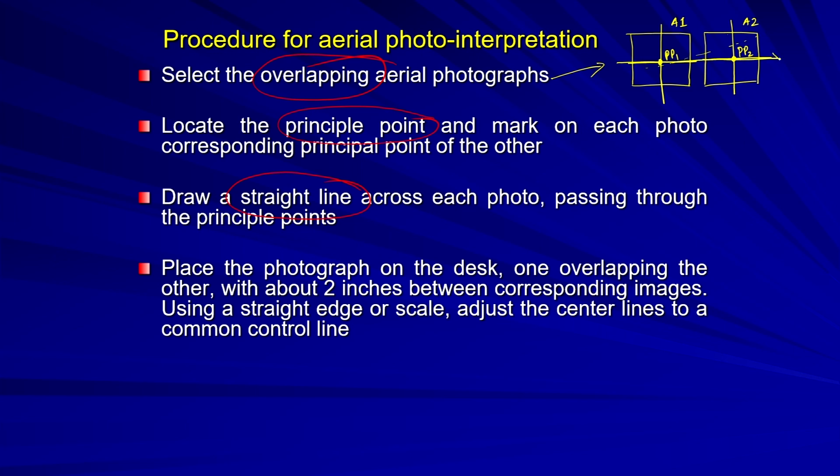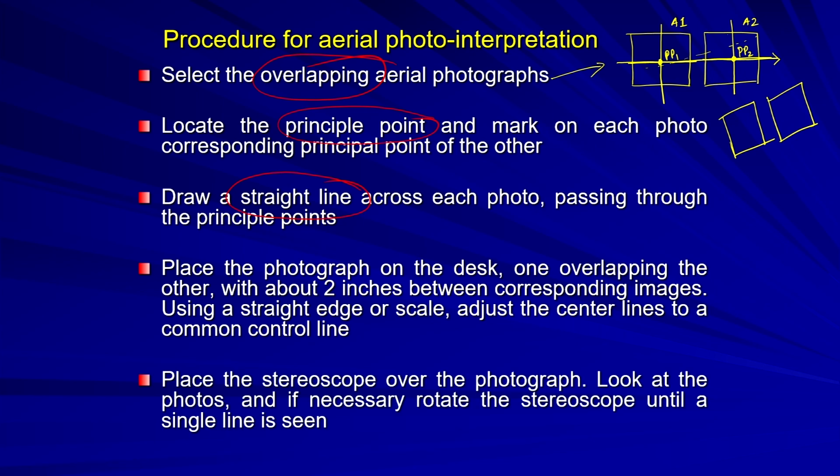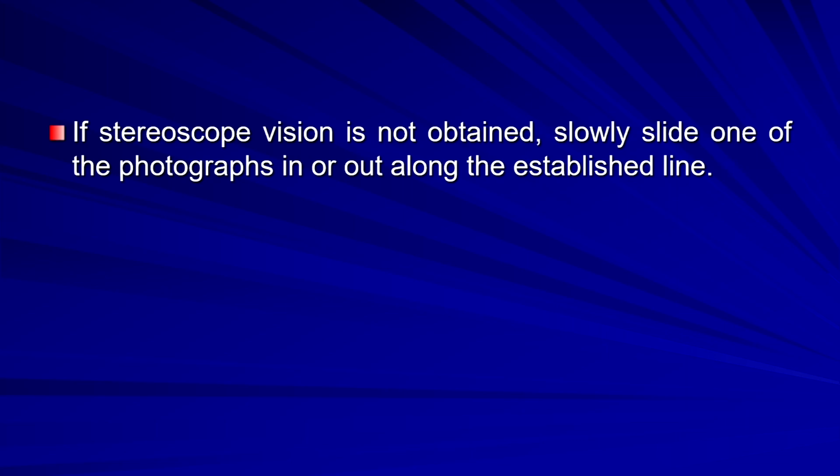Otherwise, if it is slightly tilted, then maybe you will have to put both photographs something like this, and then view them. This can be done easily when you are using the stereoscope. But as I told you, nowadays we have the advantage of putting everything on a digital platform.